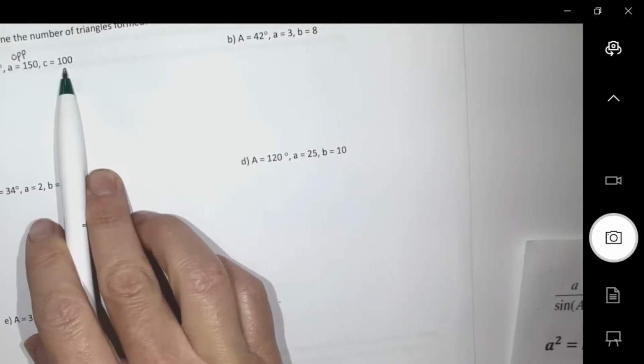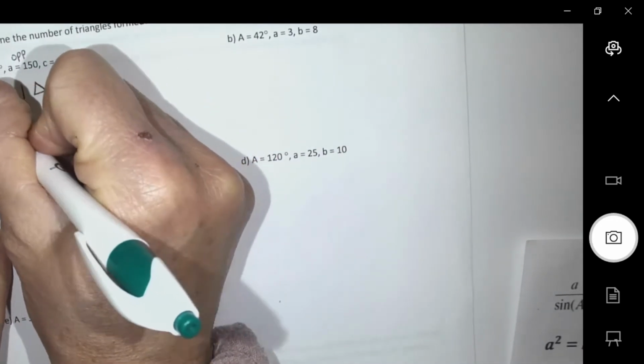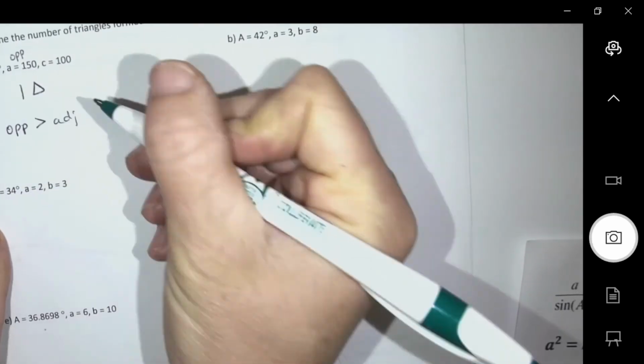A is bigger. So what does that already just tell me? 1 triangle. Okay? That one's nice. You don't have to do any work with it. If the opposite side is longer, then that's it.